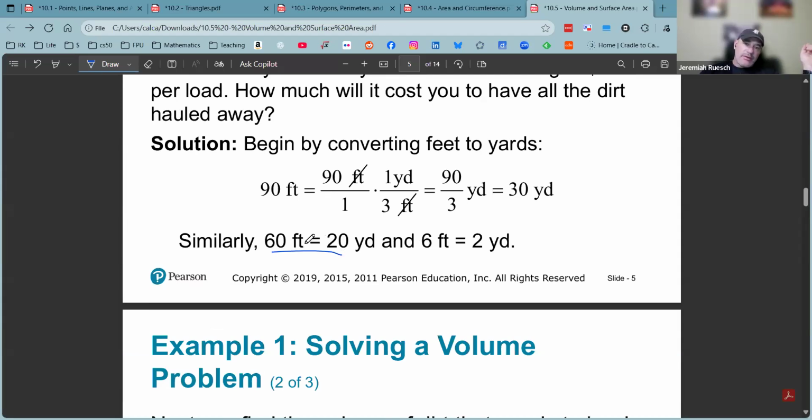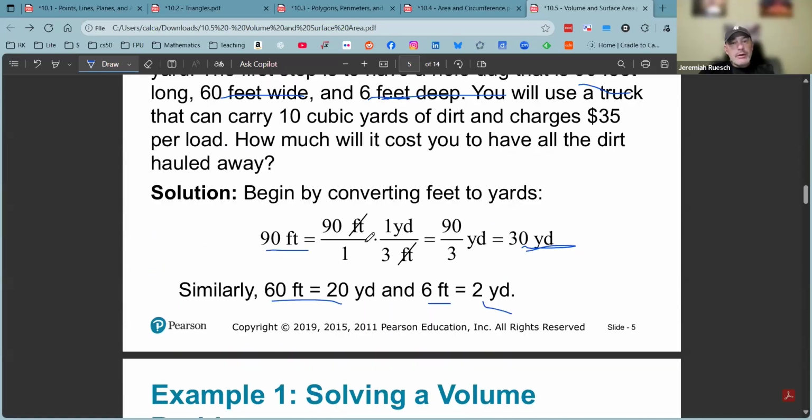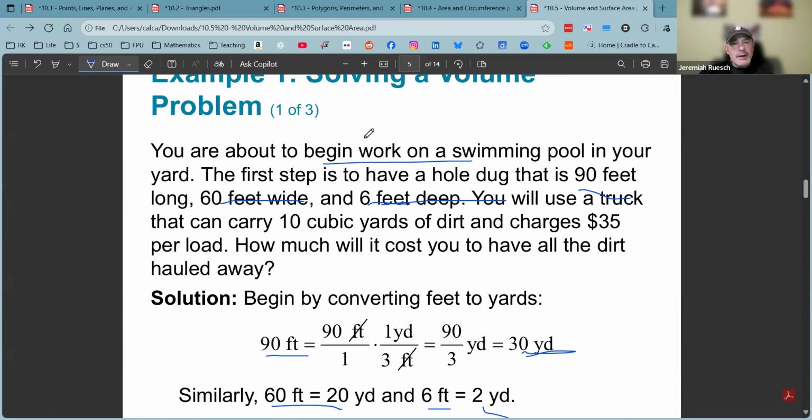So 60 feet is 20 yards, 6 feet is 2 yards, and 90 feet is 30 yards, using that relationship we talked about in section 10.1. And why are we converting to yards, you might ask? Because the truck removes 10 cubic yards of dirt, so we need to make sure we're comparing the same units. They don't talk about hauling cubic feet.